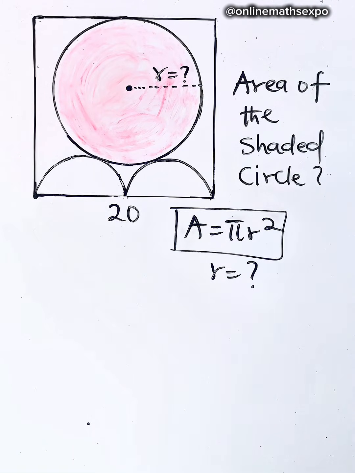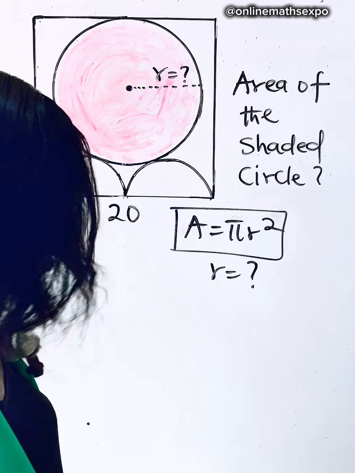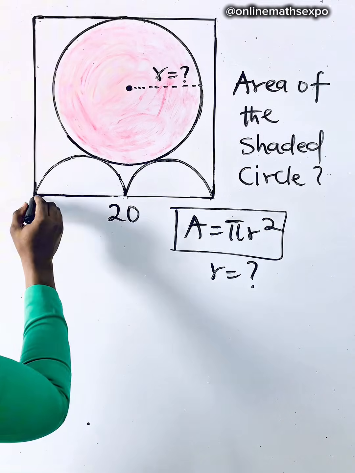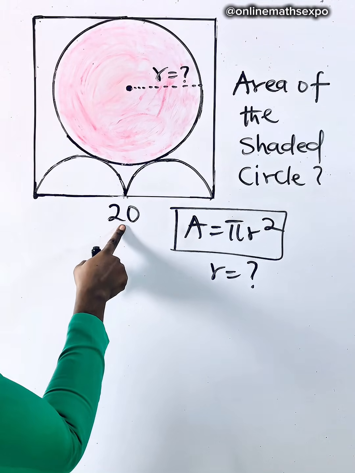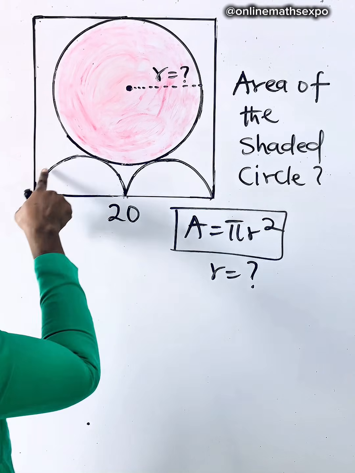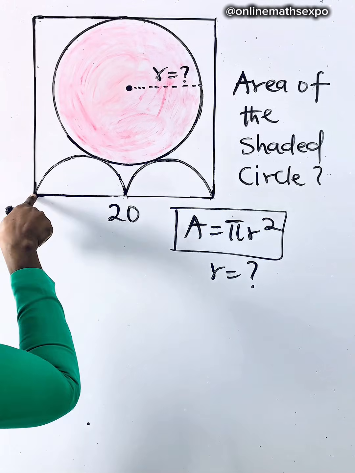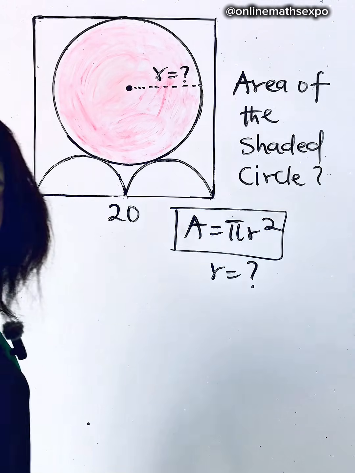Now let's go back to the question. We're going to use the information given to get this radius. Remember, we are told that this whole length is 20. And if this is true, you observe that the identical half circles are both touching each other and also touching the vertices of this square.